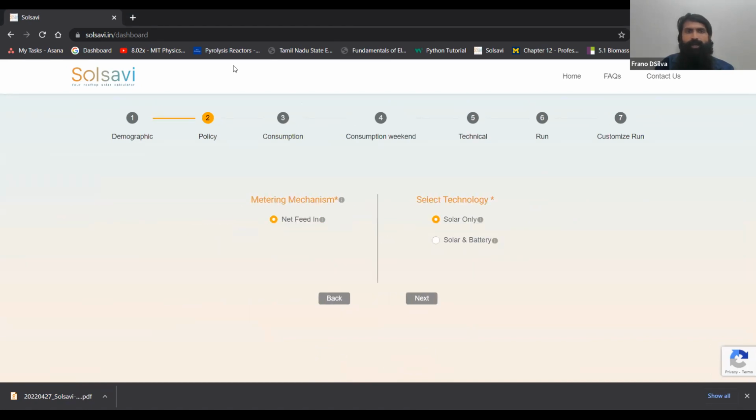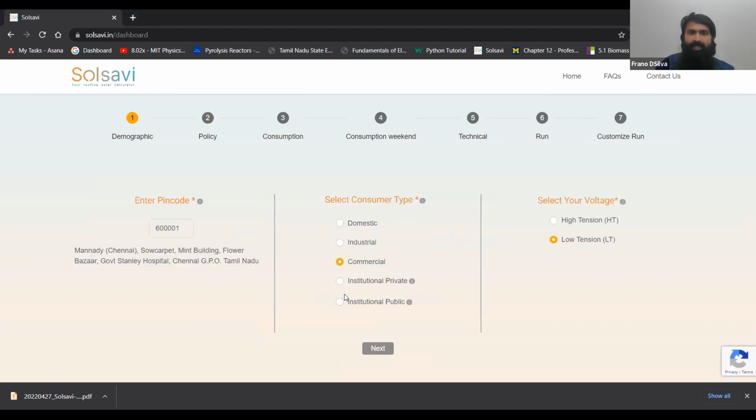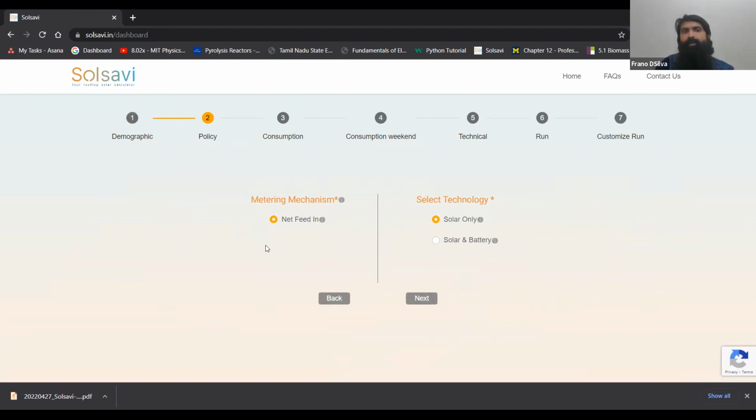Thank you, Mr. Deepak. I've just seen your chat and maybe I can explain to you briefly on the policy part. With the selection of the location as well as the consumer type and the voltage category, you will be assigned a metering mechanism that is applicable for your consumer type under that voltage category in the location that you have selected.